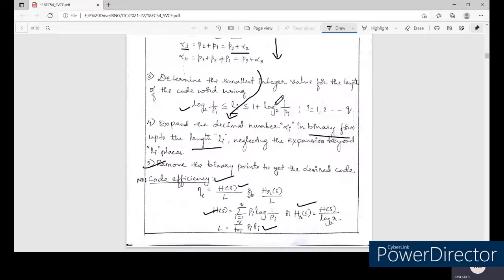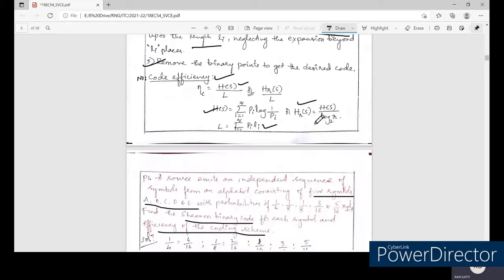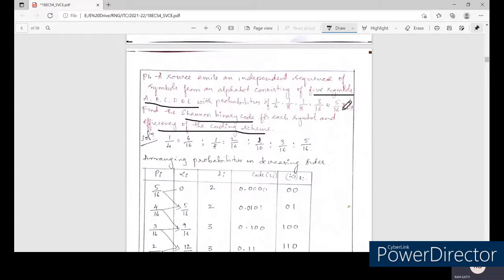What is the first step? You need to list the source symbols in decreasing order of their probabilities. One hint I can give you: make sure all the denominator values are the same.